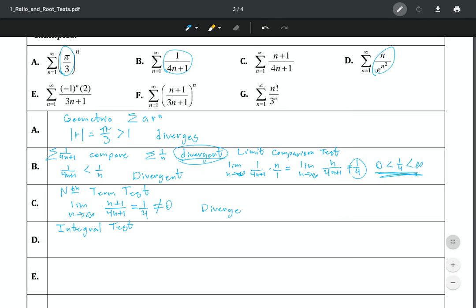The integral test says that if you take the limit as, let's call it a, goes to infinity, I'm going to do an improper integral between 1 and a of this right here. Let me switch this to x's real fast.